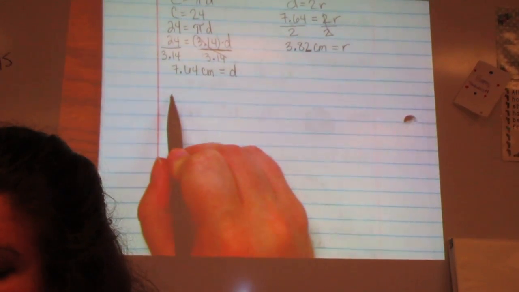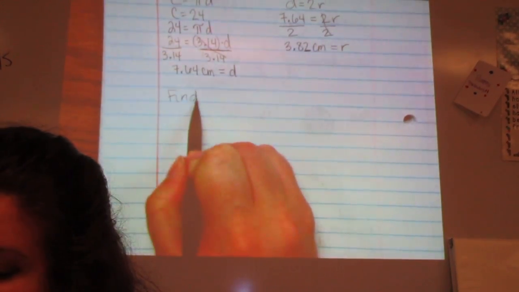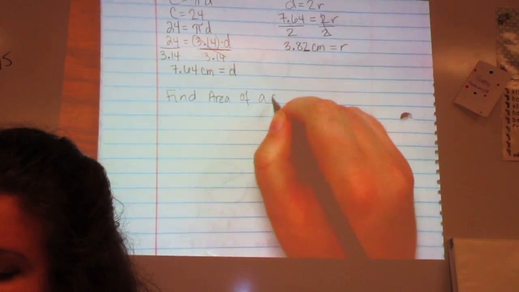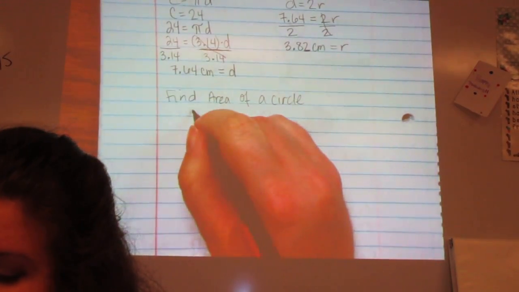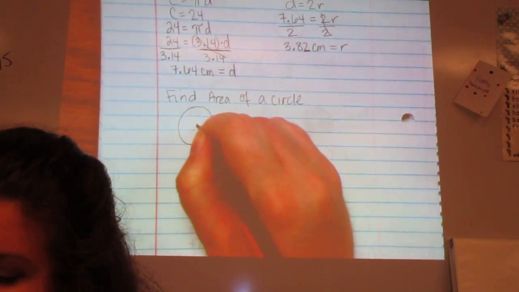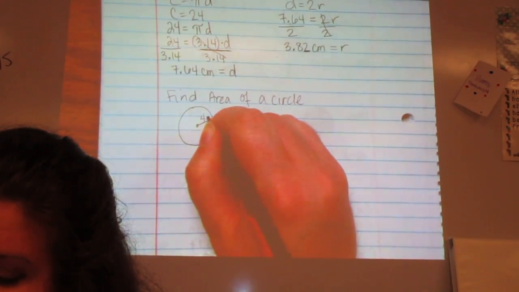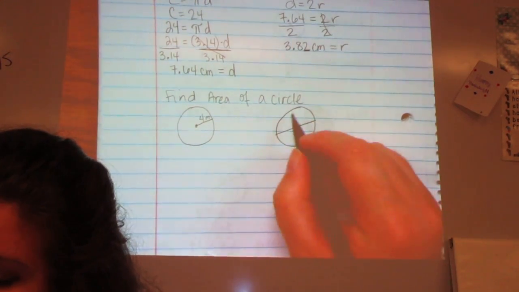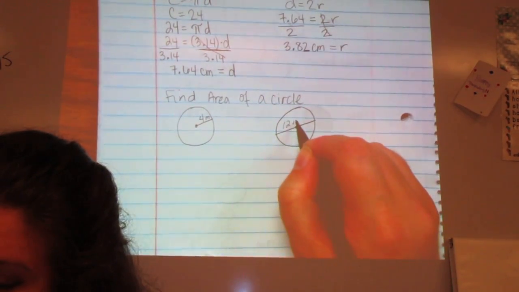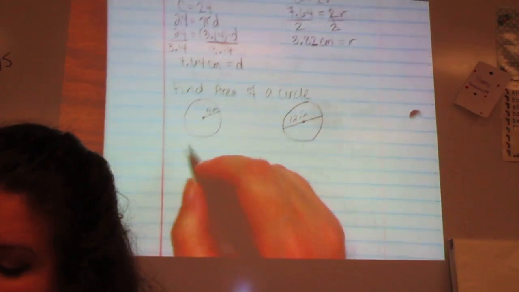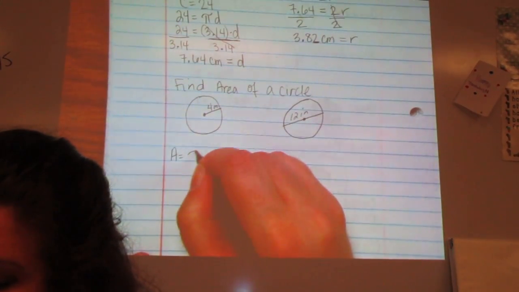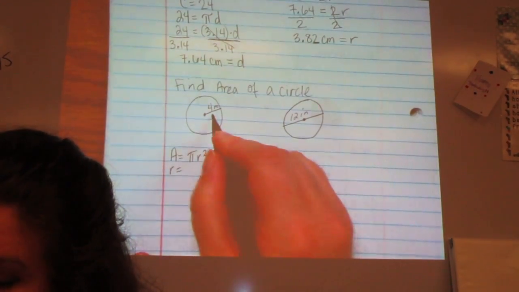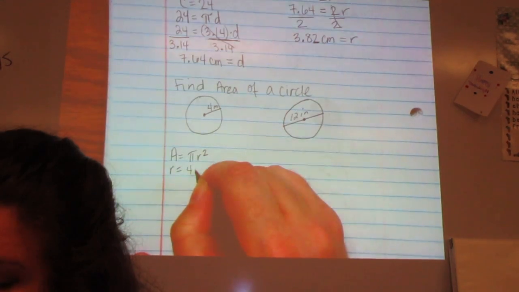Now I'm going to do the area. Find the area of a circle that has a radius of 4 meters and has a diameter of 12 inches, 2 different ones. Well, my area formula is pi r squared. R stands for my radius. Here I'm given the radius because it's half the distance.